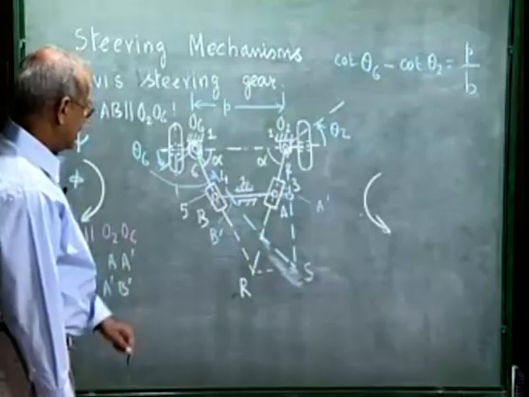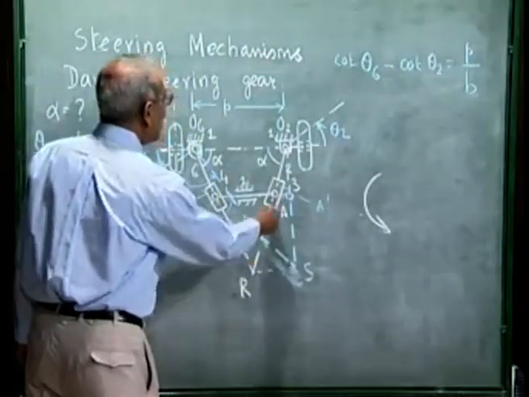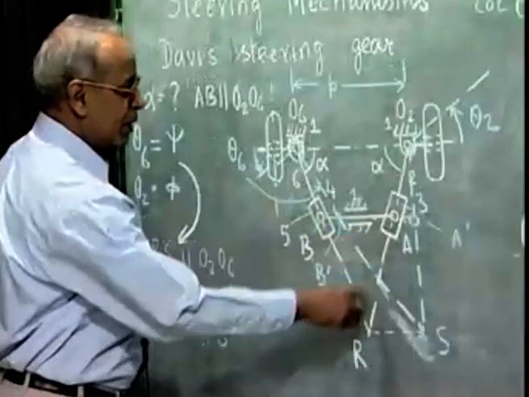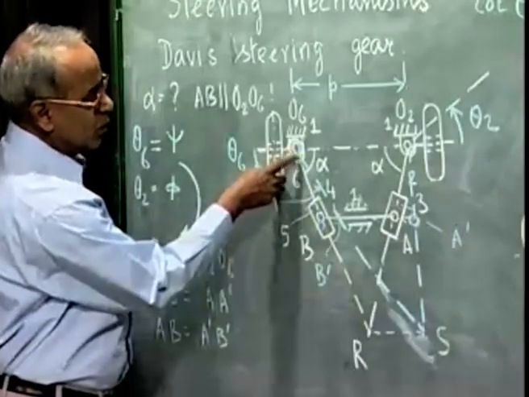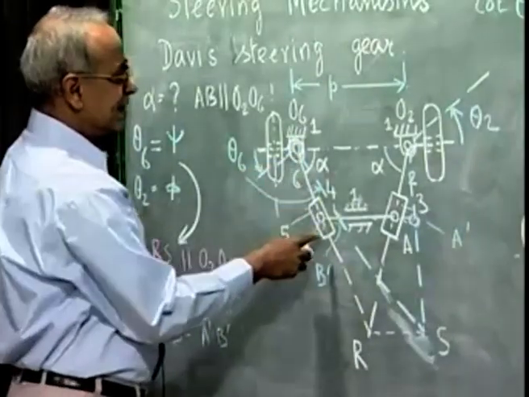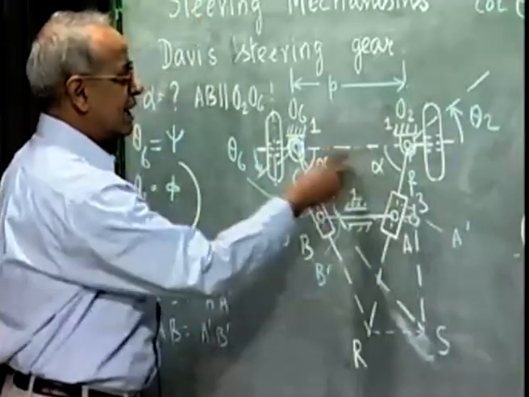So we can write that RA by O2R is the same as RB by O6R, which is AB by O2O6, because this line is parallel to this.